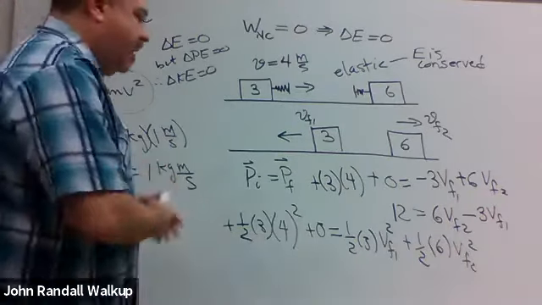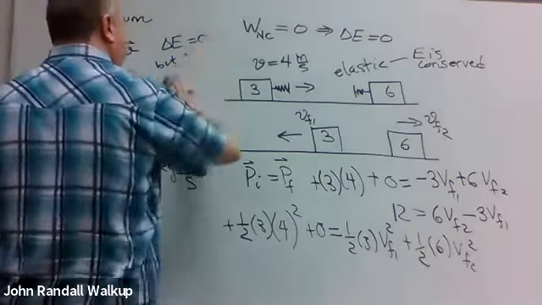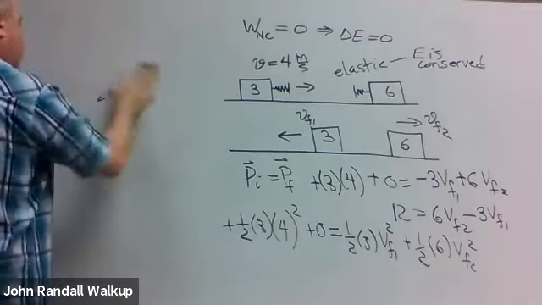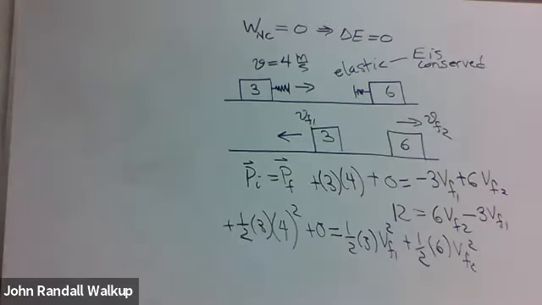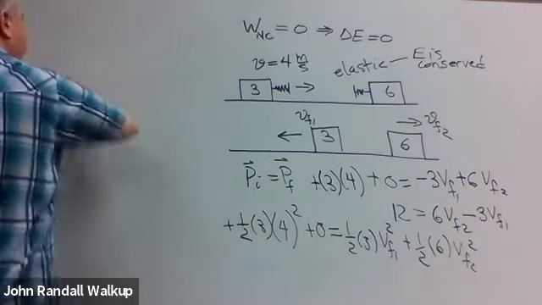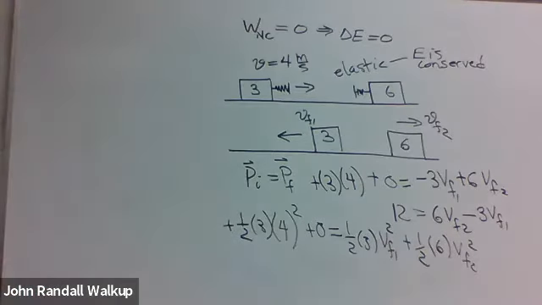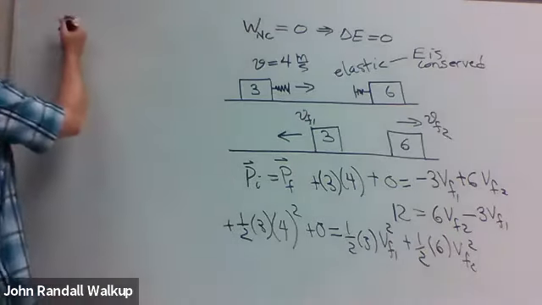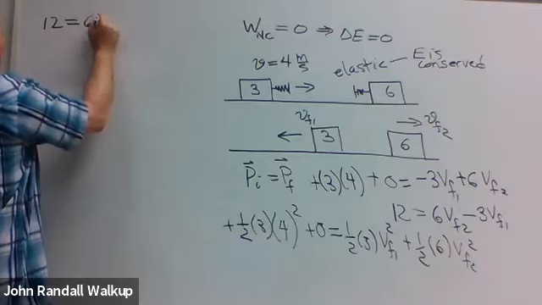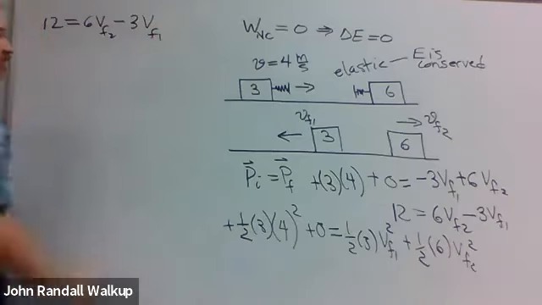So we could go ahead and clean this up a little bit. Let me erase stuff. Let's write down our equations. The first one was 12 is equal to 6 v final 2 minus 3 v final 1.